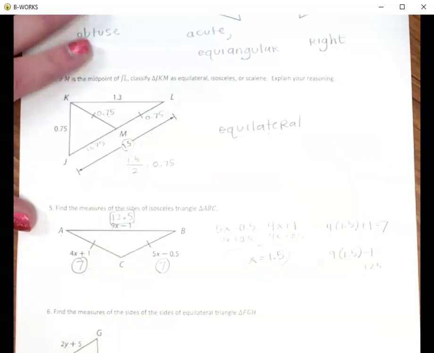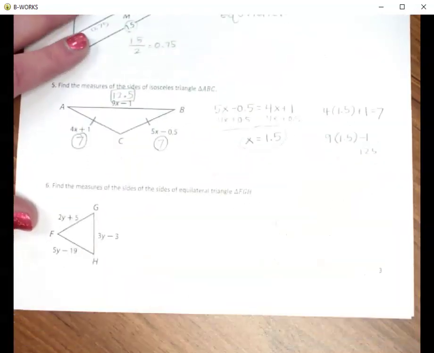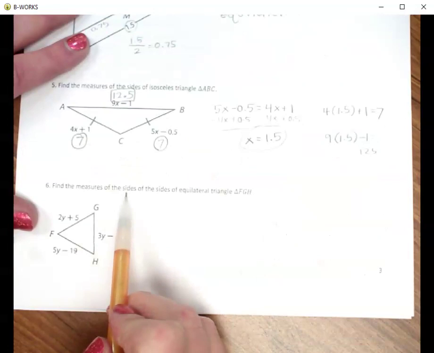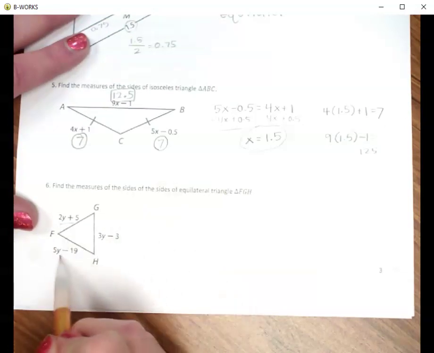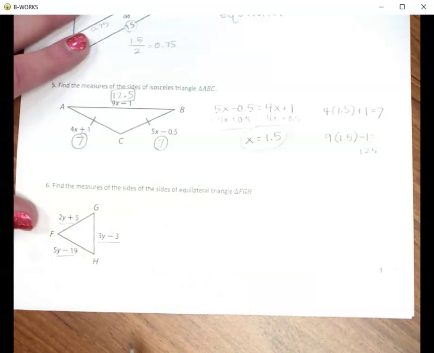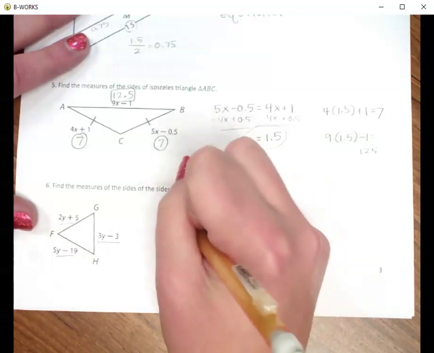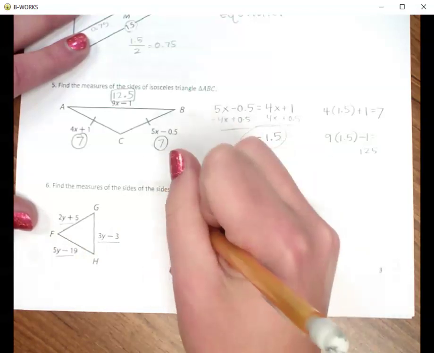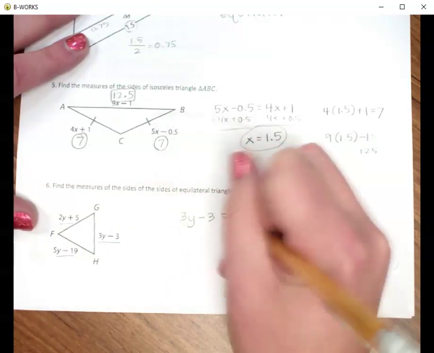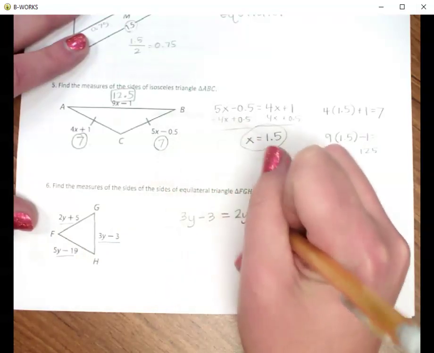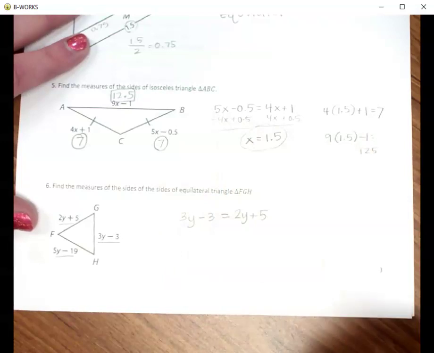Example 3 here, find the measures of the sides of the equilateral triangle. Since it's an equilateral triangle, you get to pick any two of these expressions to set equal to each other. I'm going to say 3y minus 3 equals 2y plus 5. And again, since it's equilateral, any two will work.